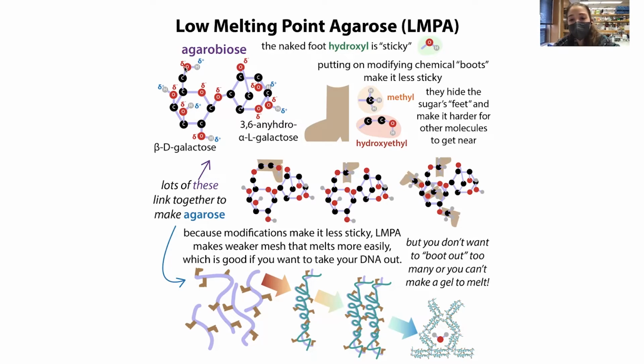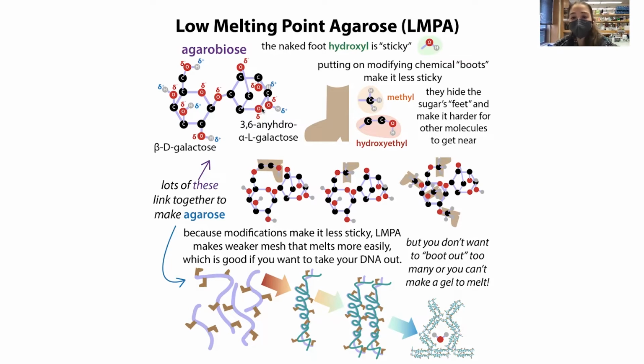But how do they make this low melting point? Well, remember that the interactions between the strands are largely based on hydrogen bonding between these OH groups. If we think of those OH groups as feet, we can make modified chemical boots that we put on them, and they hide these OH groups.